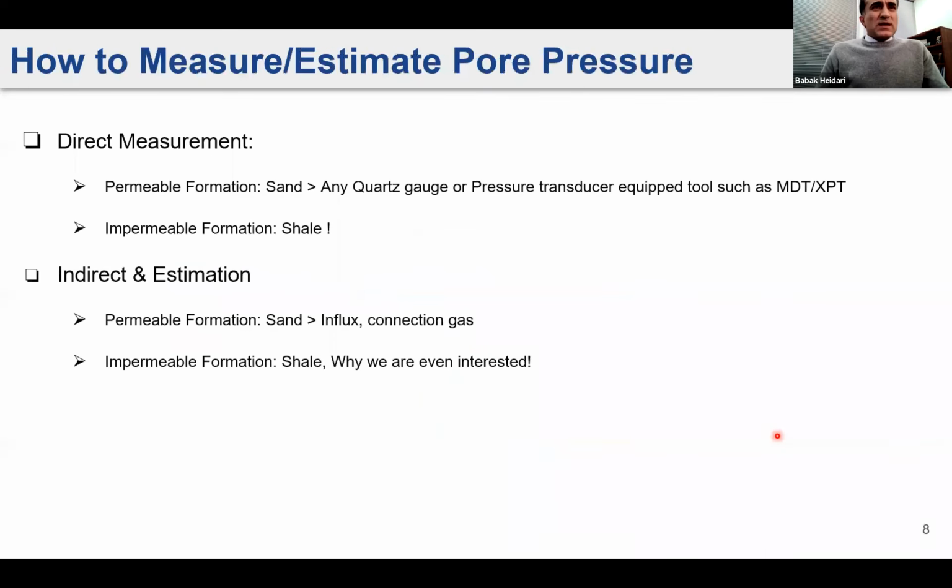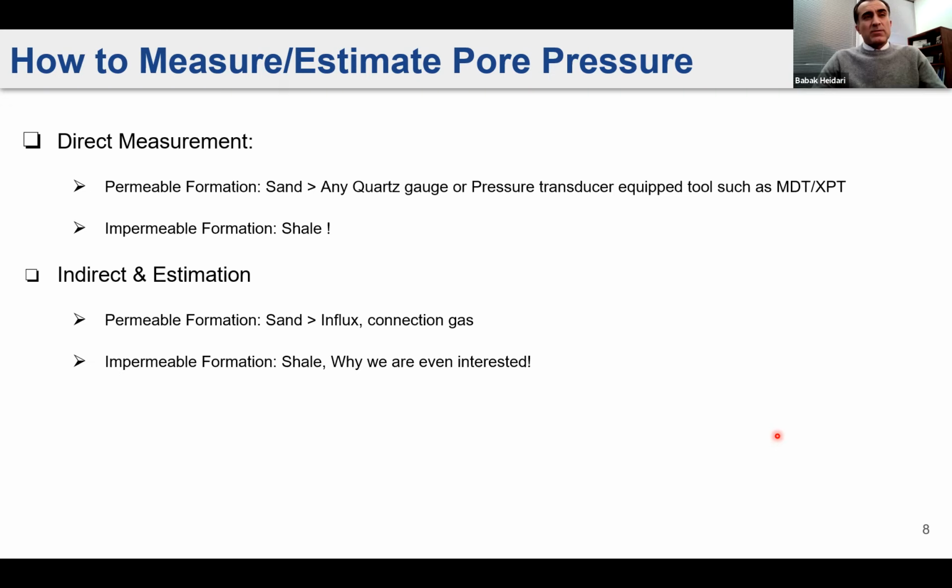So we have to measure or estimate the pore pressure. There are several techniques for direct measurements. To directly measure the pore pressure in a permeable zone, for example sand, we can use any quartz gauge pressure transducer equipment such as MDT or XPT, or the equivalent from other service companies besides Schlumberger.